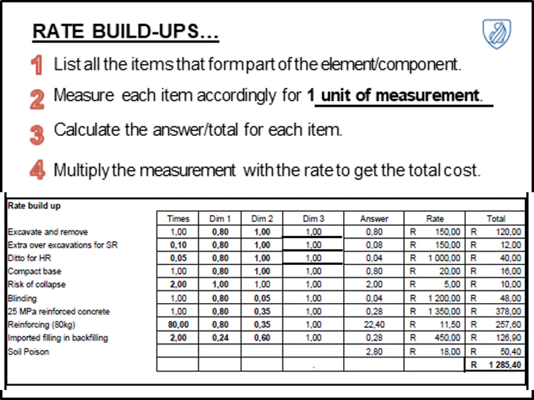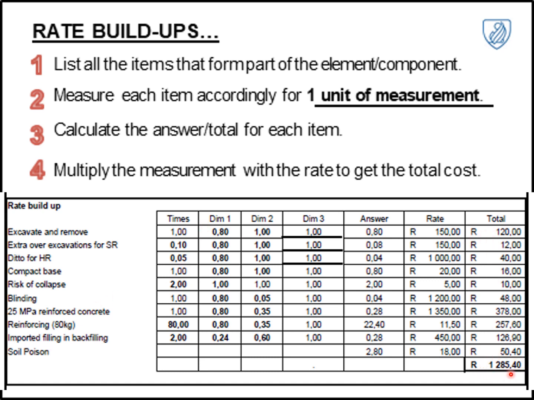But to get your rate, we have to look at the following. List all the items that form part of the element or component. Measure each item according to the unit of measurement, and then calculate the answer for the total. So the main thing is you're just taking the items that you need to include in your estimate and converting them to a per meter rate.